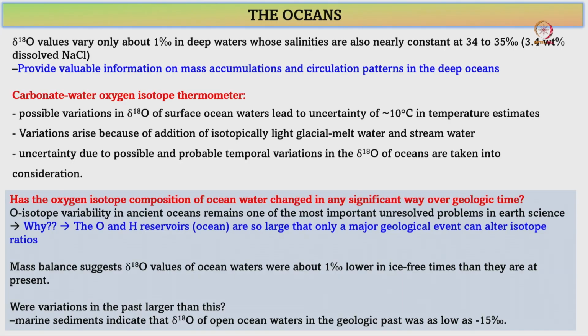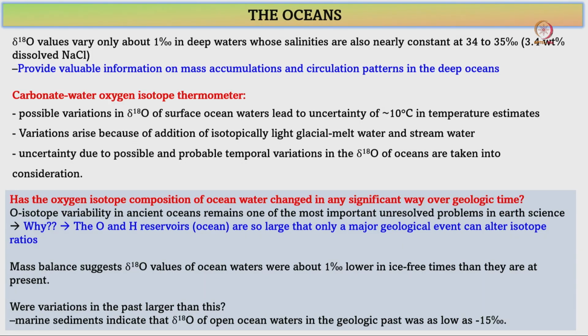So, oxygen is not the only thing we use as a thermometer, because of its relationship with temperature and its huge application in the field of paleotemperature determination. We also need another proxy, and we often use carbonates as the proxy.